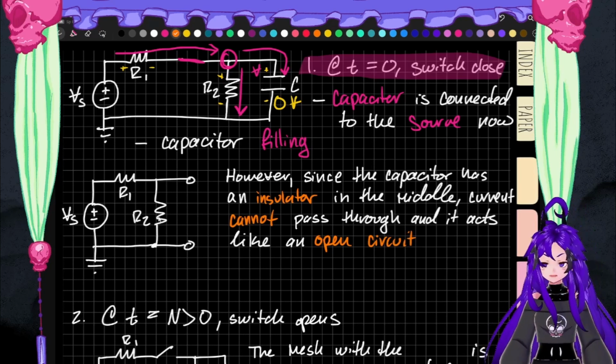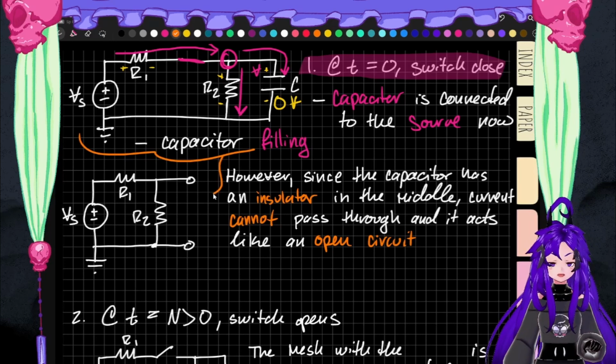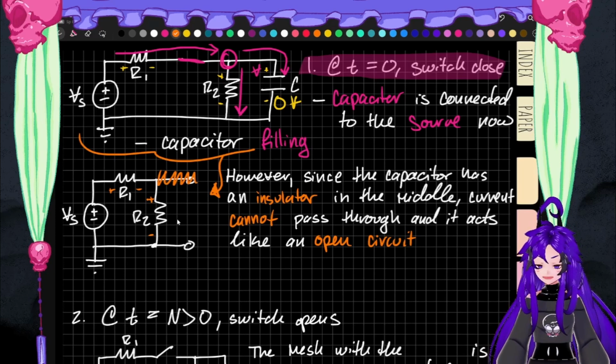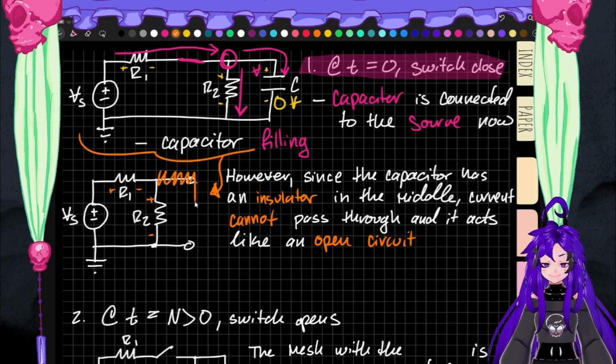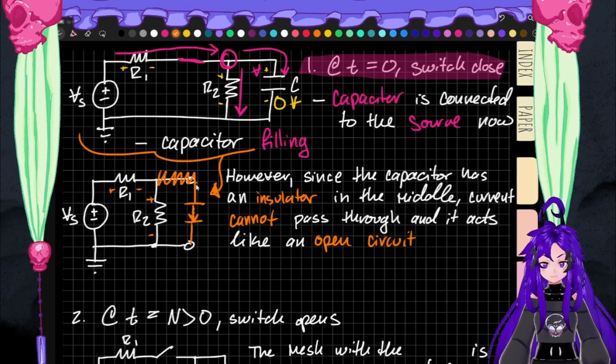We mentioned this a little bit earlier. So this circuit actually looks like this: you've got R1 here, you've got R2 here, but this node doesn't really act like a node because this capacitor cannot transmit current. It cannot have current going through it while it is attached to a voltage source.